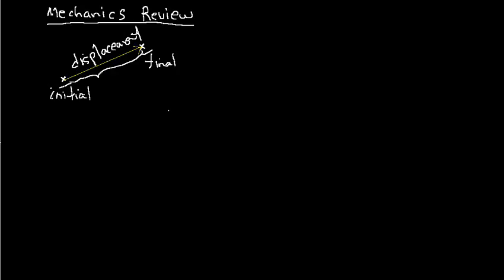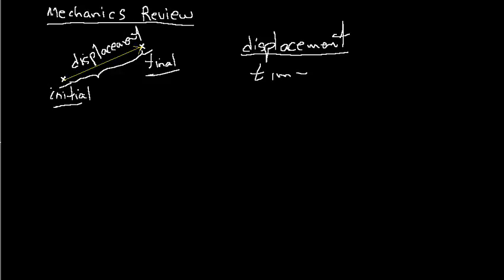Now, when we're talking about objects moving from one point to another point, what we're interested in is how quickly that is done. In other words, for an object to go from here to here, does it take a matter of seconds, hours, days, years, light years, and so forth? So we're interested in the displacement of an object, but also how long it takes that displacement to occur.